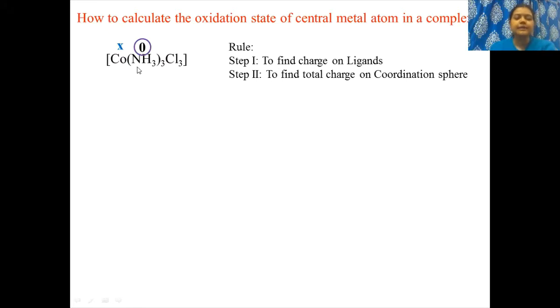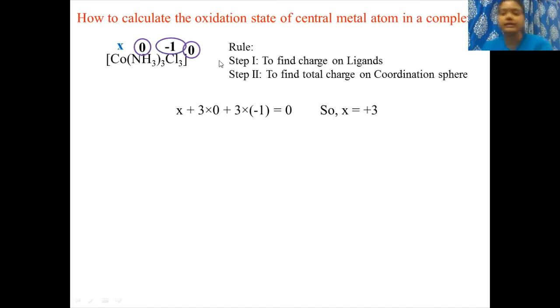NH3 is a neutral ligand, so its charge is 0. Cl is an anionic ligand with charge -1, and the overall charge on the coordination sphere is 0. So x + 3(0) + 3(-1) = 0, so x is +3. The oxidation state of cobalt is +3.